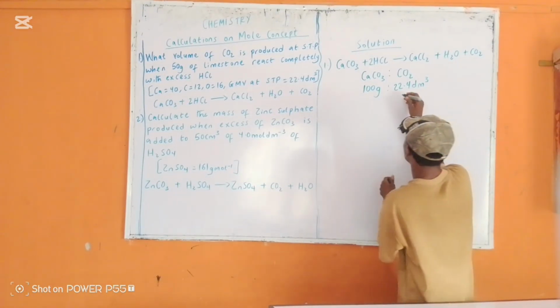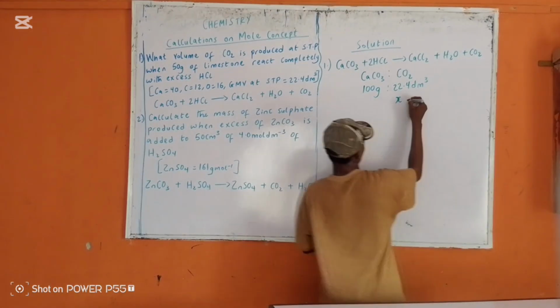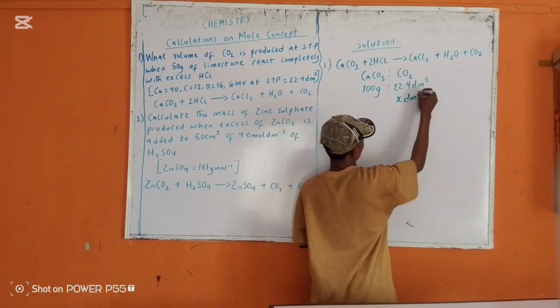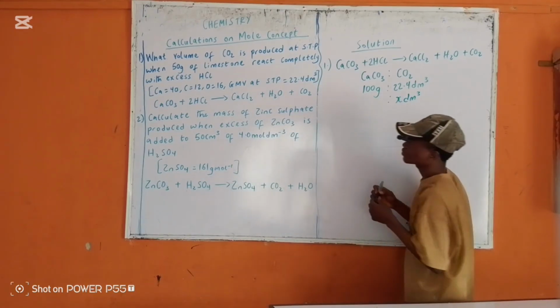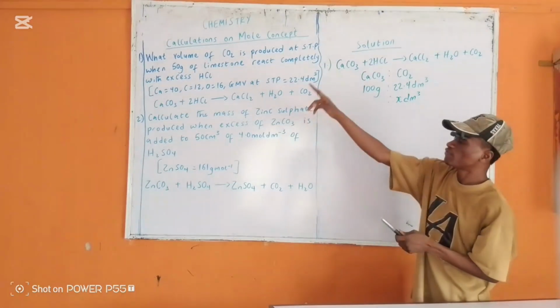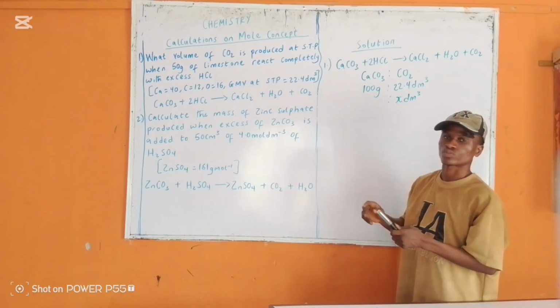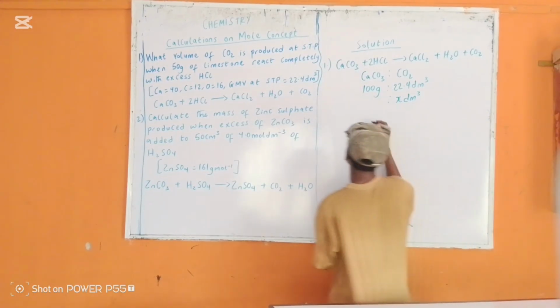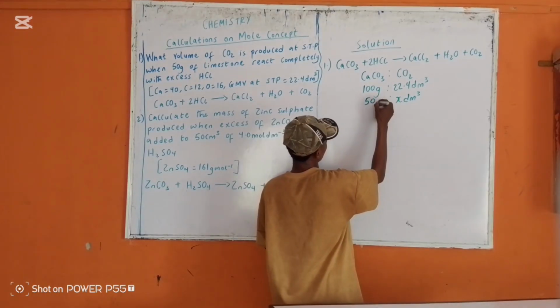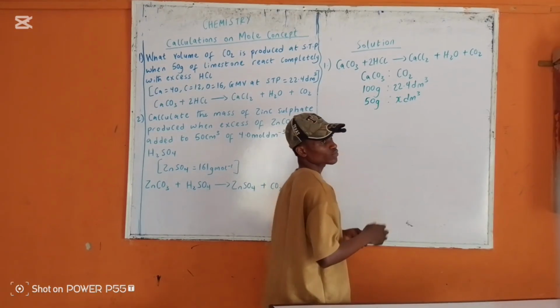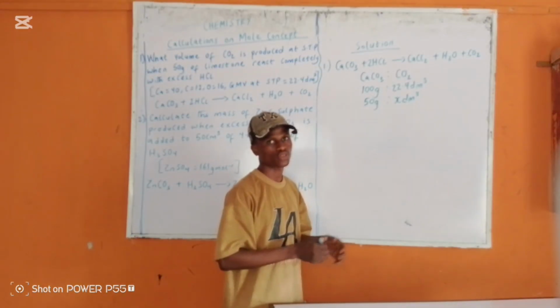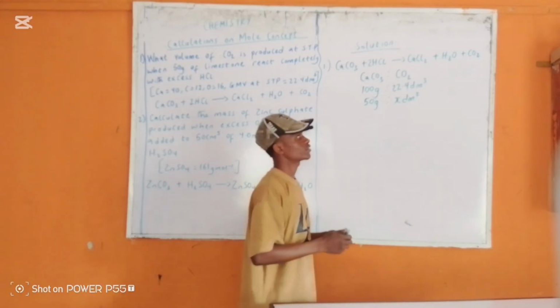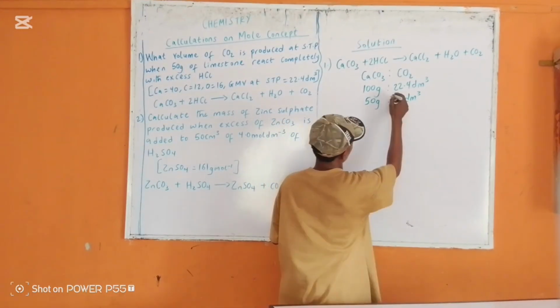So that will be x dm cube, when 50 gram of limestone. So we're having 50 gram here. So what's the next thing here? We cross multiply.